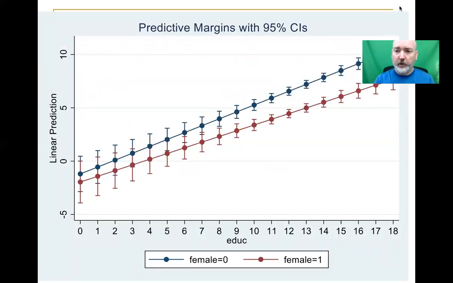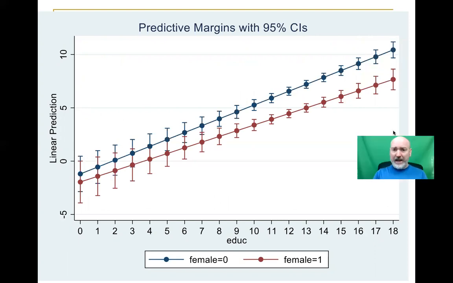So a little bit prettier than the hand-drawn version. It also includes the 95% confidence intervals in these bands here. You can't pick it up real clear in the visual, but we can see that the lower line is the shift downward because of the female dummy term on its own.